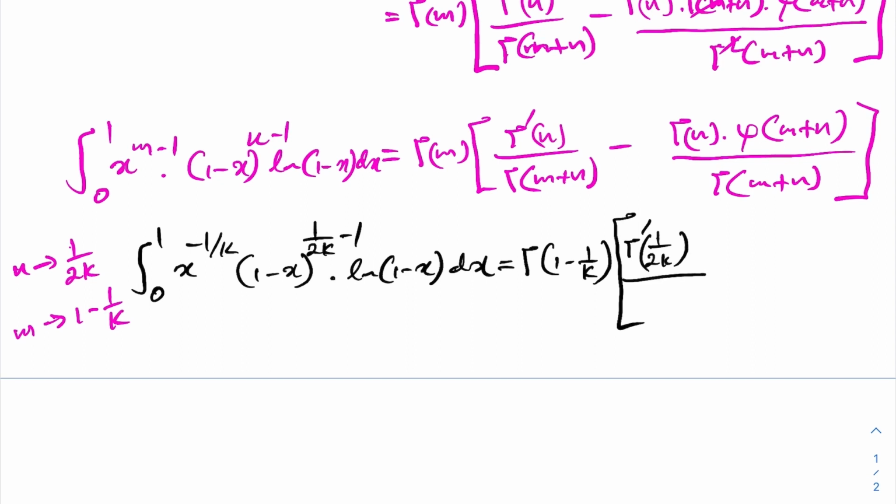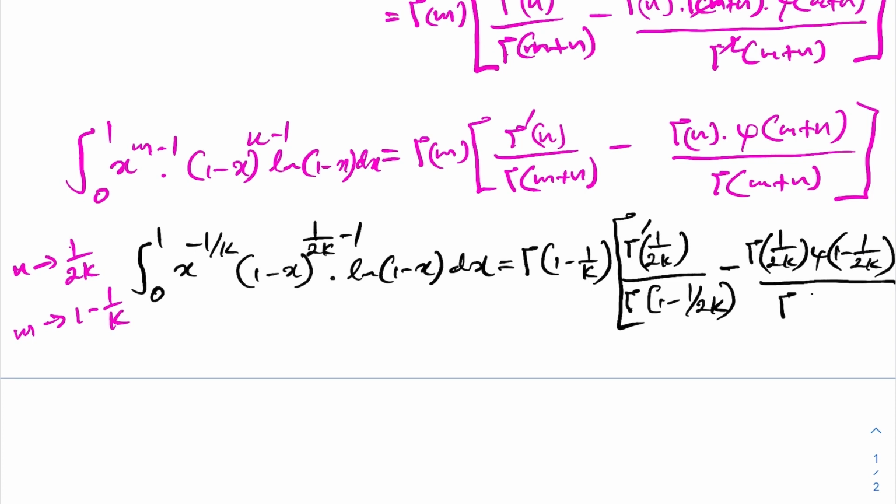In the denominator, gamma of 1 over 2 times k plus 1 minus 1 over k, so gamma of 1 minus 1 over 2 times k. Then here minus gamma of n, we know 1 over 2 times k, digamma of 1 minus 1 over 2 times k over gamma of 1 minus 1 over 2 times k.